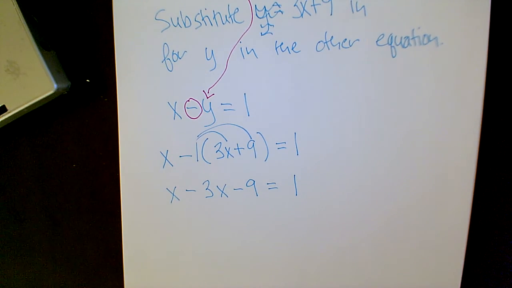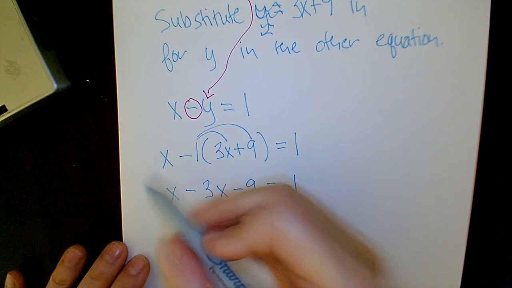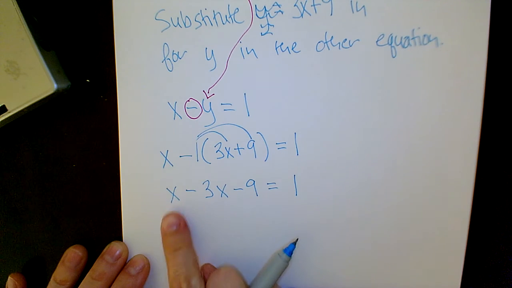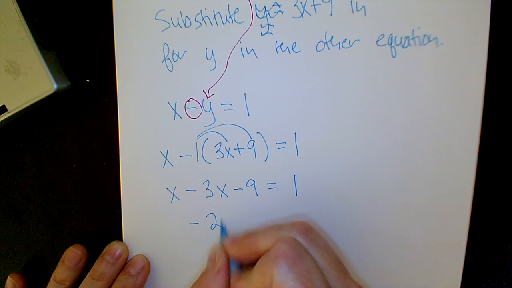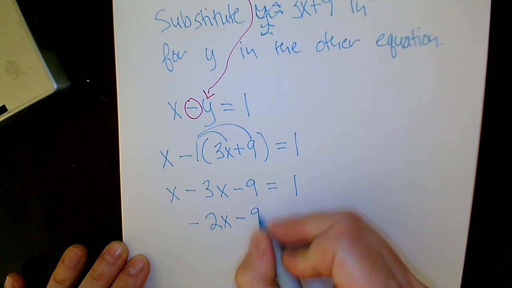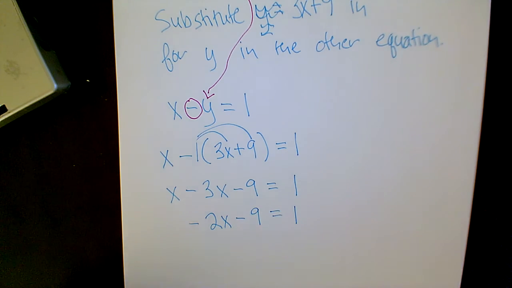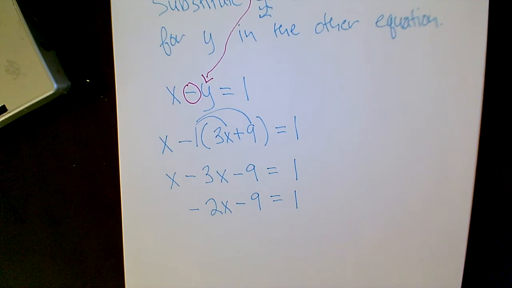I'm getting there. So you know there's an implied 1 here. What's 1x minus 3x? Well, that's -2x. I'm just showing all my steps for people that need it. Now I want to solve for x. How do I get rid of -9?